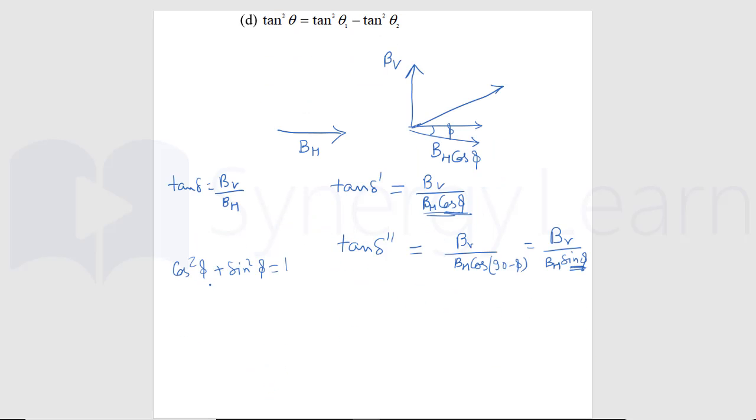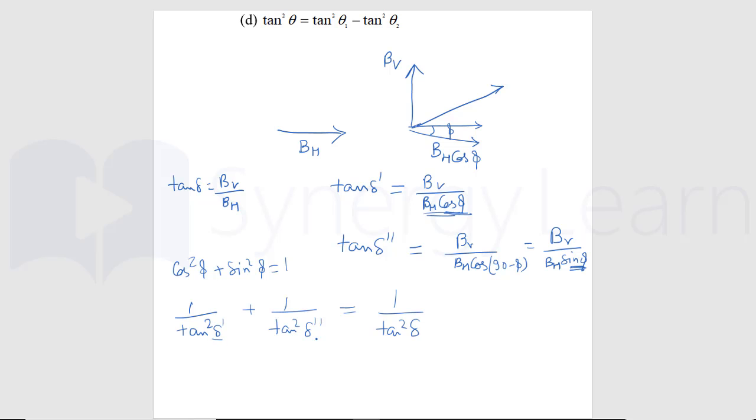Hence, in place of cos square phi, the proportionality will give us 1 by tan square delta dash plus 1 by tan square delta double dash, and obviously this will be equal to 1 by tan square delta.